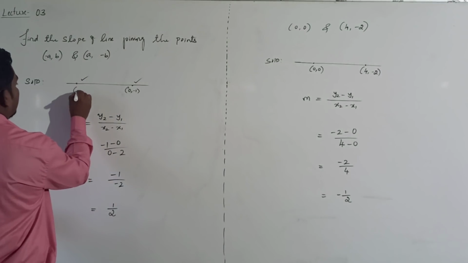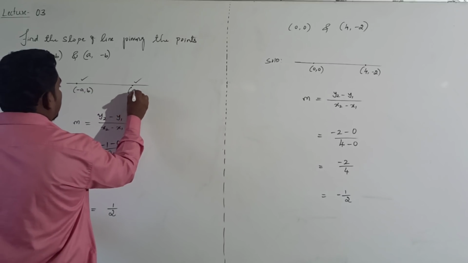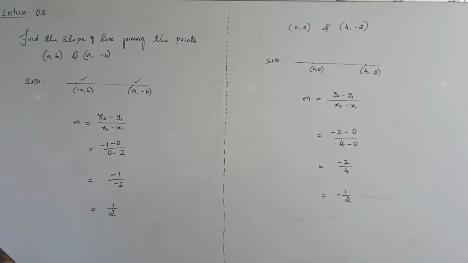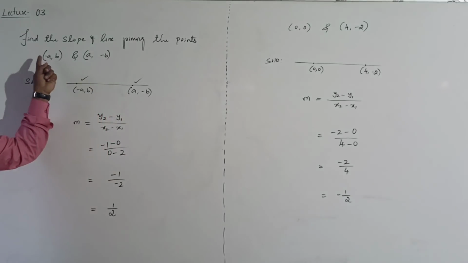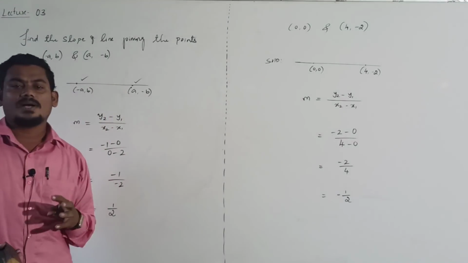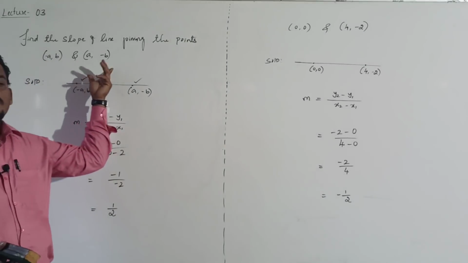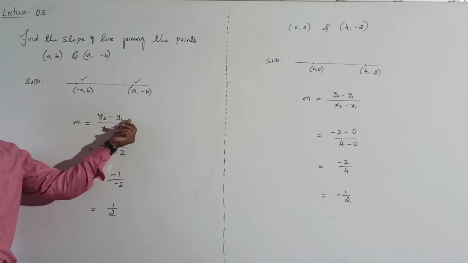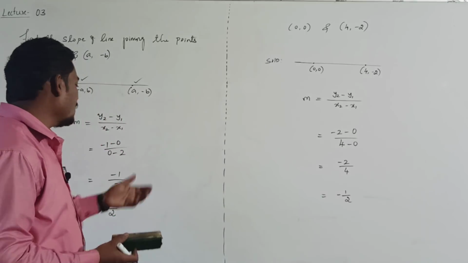First point is minus a comma b and second point is a comma minus b. Take the first point as x1 y1 and the second point as x2 y2. Use the formula m is equal to y2 minus y1 divided by x2 minus x1, right? Use this formula and simplify.